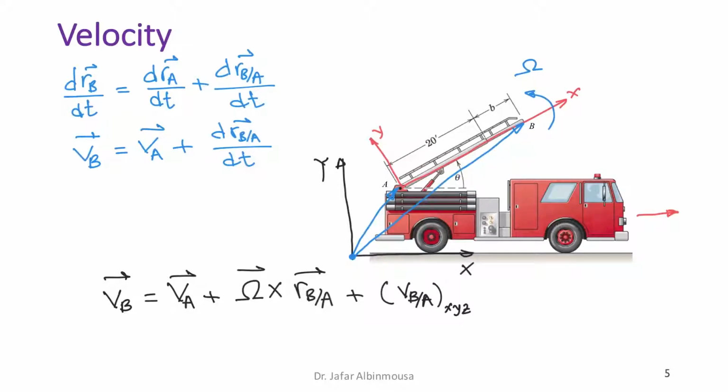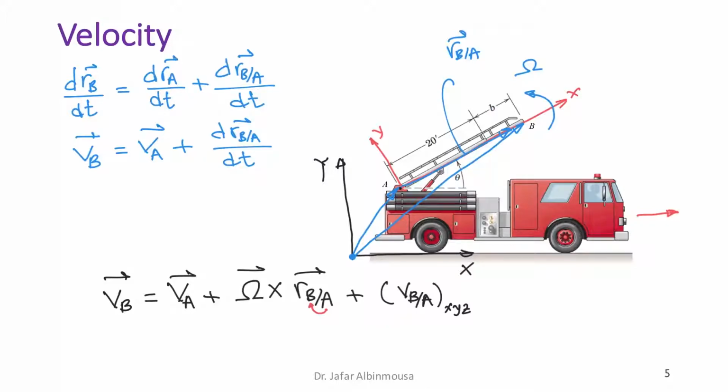And the position vector RB with respect to A is basically, as we did before, the vector which is pointing from A all the way to B. So if I want to draw this, then this is going to be going from A to B. This one is RB with respect to A. What is also new is this term.